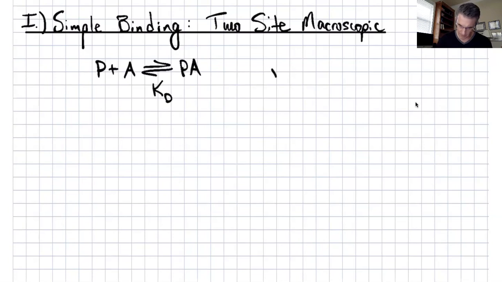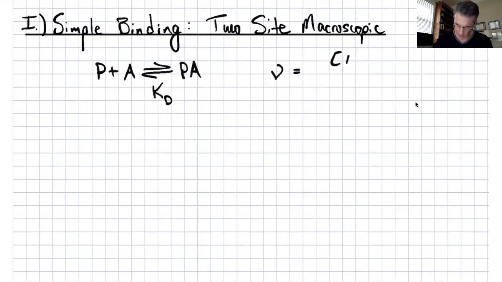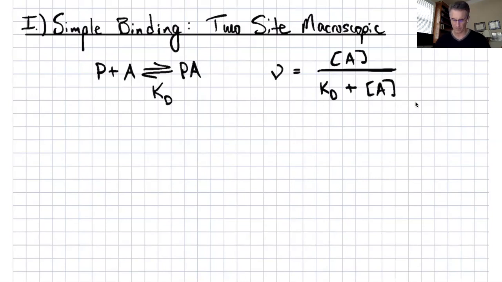And I pointed out that the degree of binding, which quantifies the total moles of A bound relative to the total amount of protein, is simply equal to, we went through that simple derivation, the total amount of A in solution divided by the dissociation constant plus the total amount of A present.